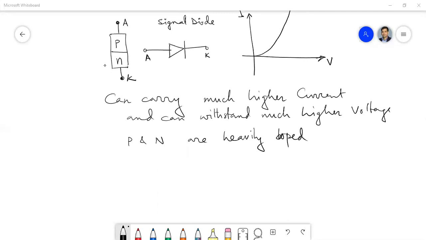That means for the same area, the carriers will be much higher in number. That is what is meant by heavily doped.